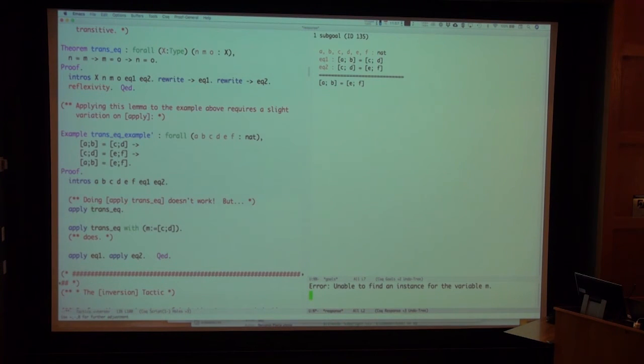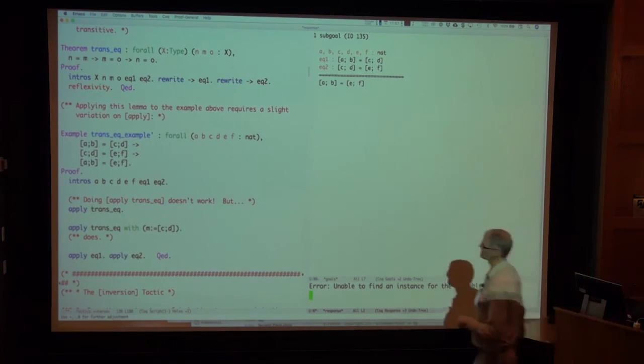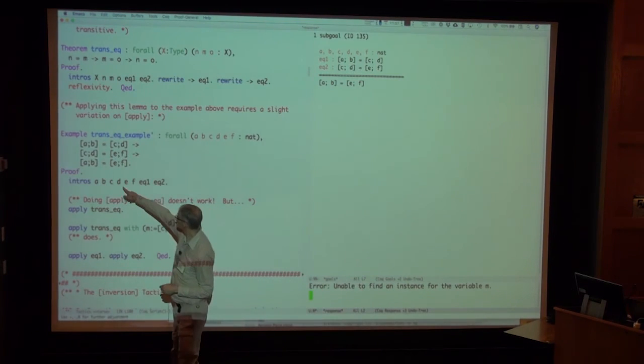But if we don't do intros m here in our example, so if we don't do intros m, like not the same way as m... are you saying if we just left out doing the intros?